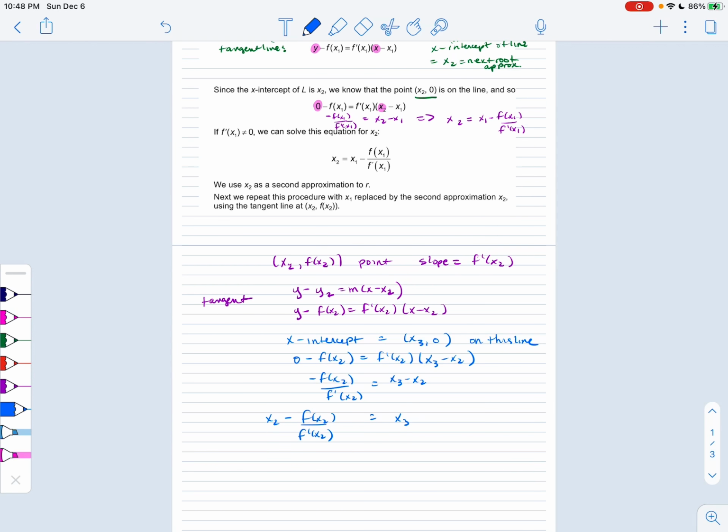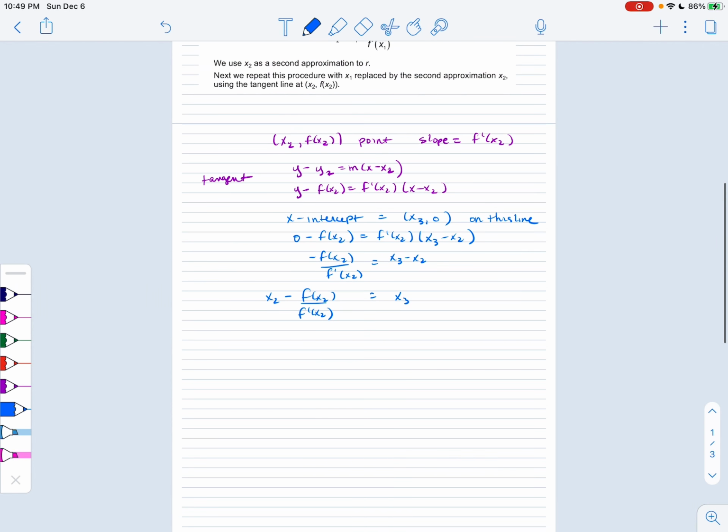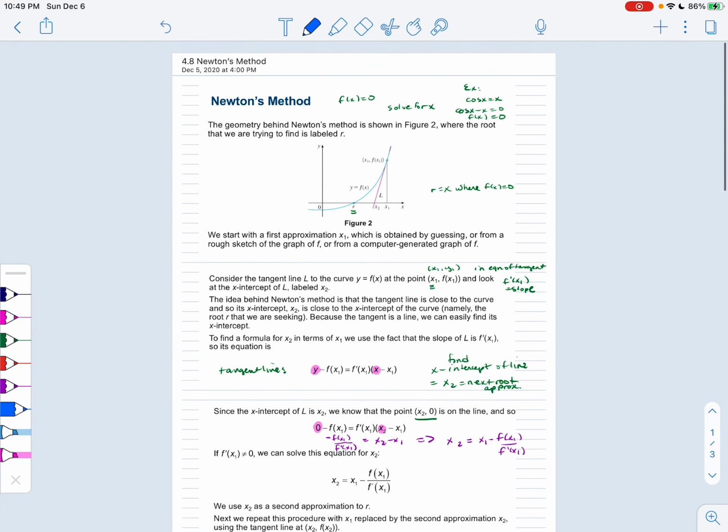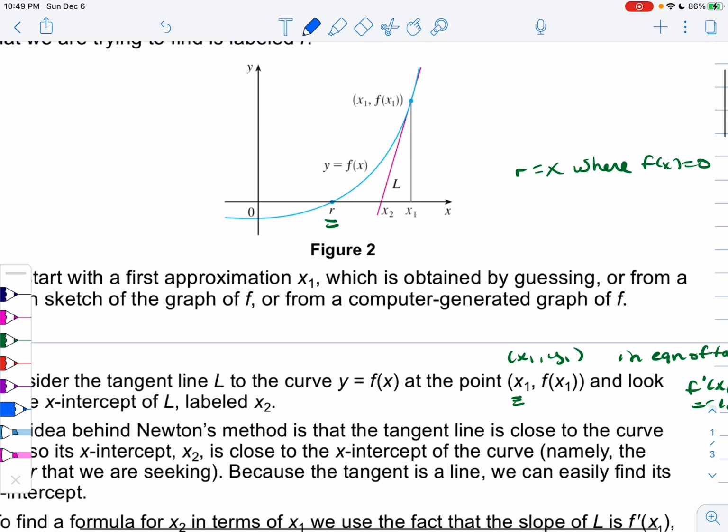So in general, we can move towards the root and repeat the process again. It's kind of like going up and taking another tangent line, right? And eventually we would get really close to our 0.